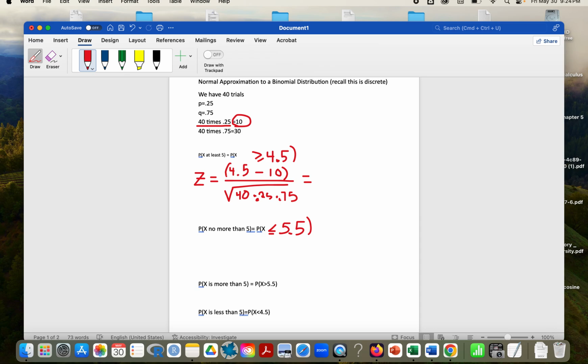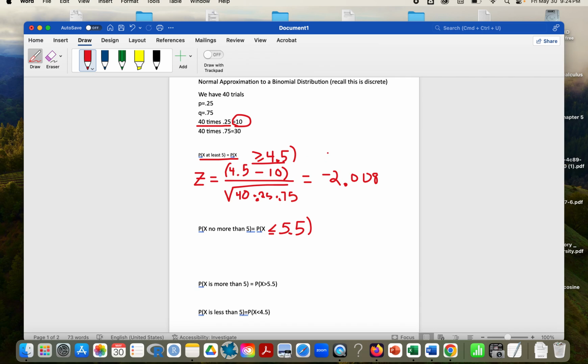And then I hit enter, and my z-score is a negative 2.008. So now we're trying to find out, we're at least 5. Really, we're trying to figure out greater than or equal to 4.5.